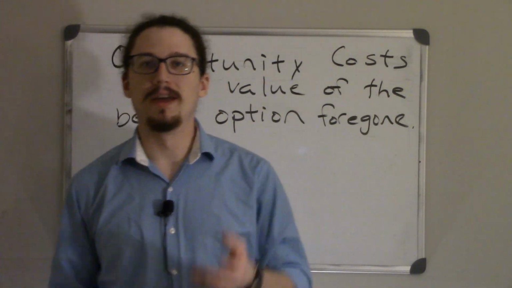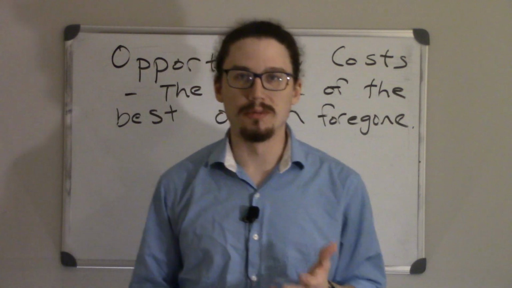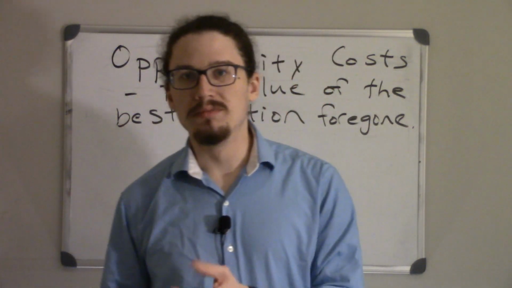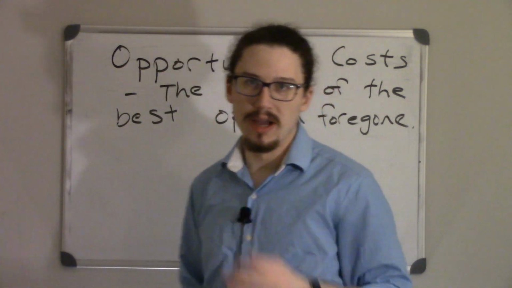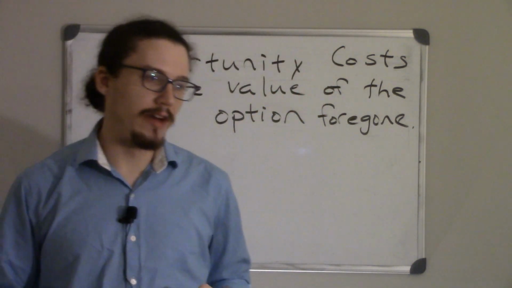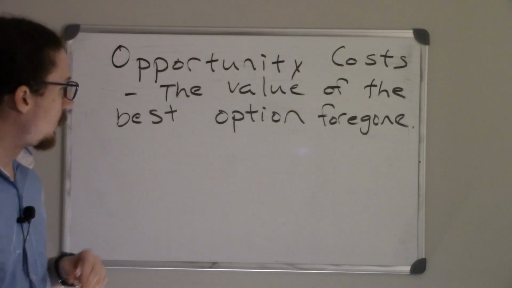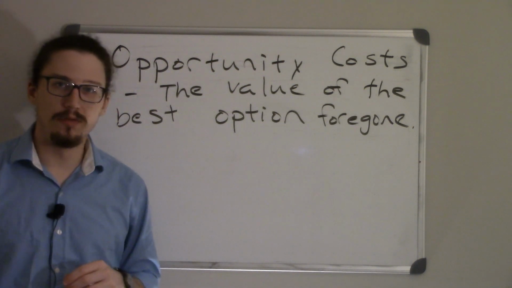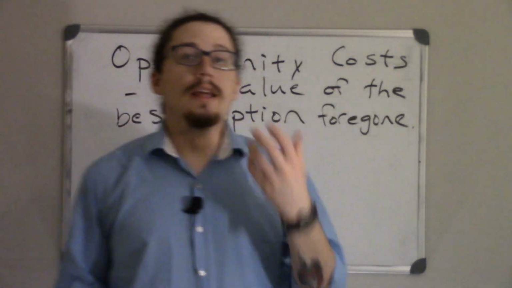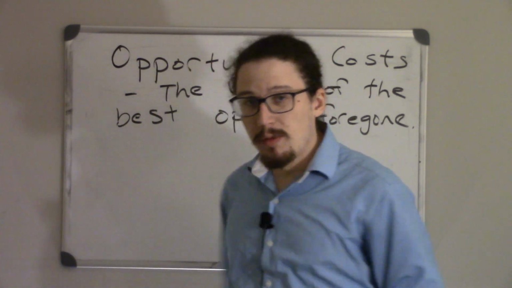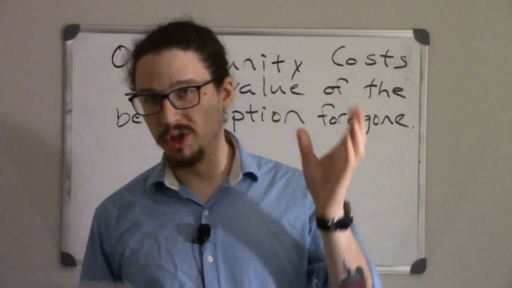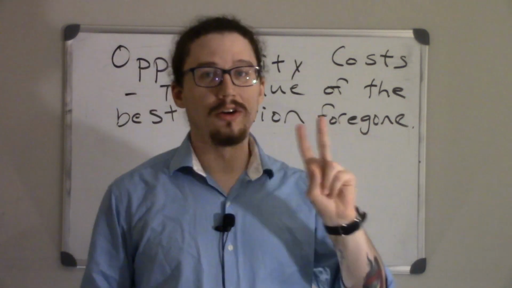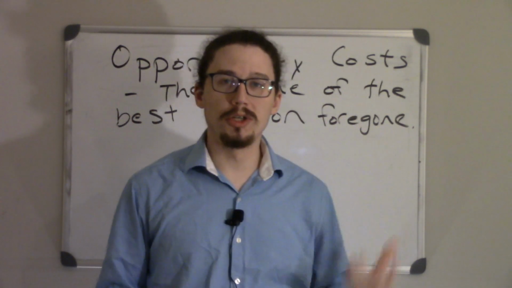Right? So the implication being that whatever you're doing is the best option, because if it weren't, then you would be doing that other thing, that higher value activity, that higher value thing. So the value of the best option foregone. In this case that we've been working through, it's very simple, because we're just looking at production, and we're saying that there are only two goods.